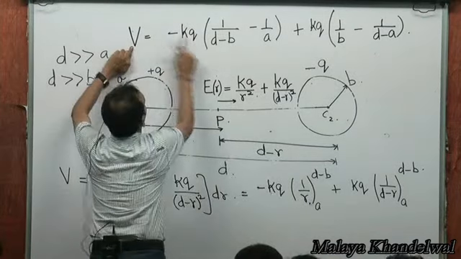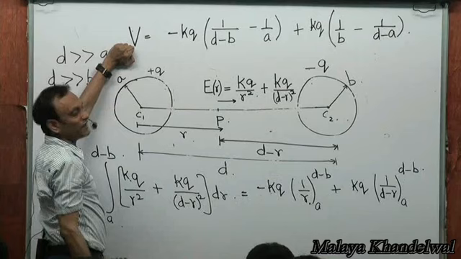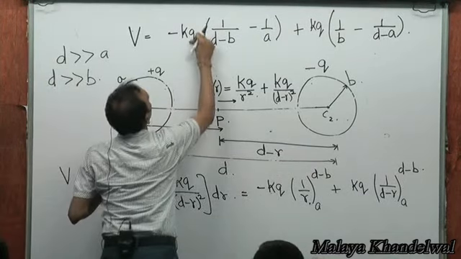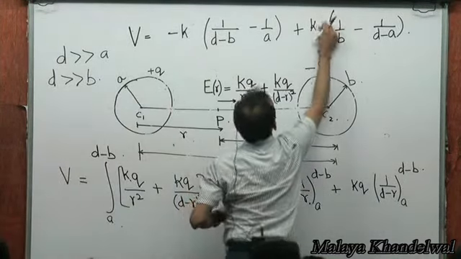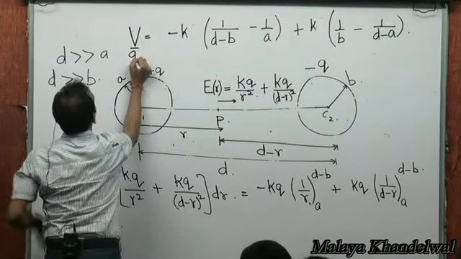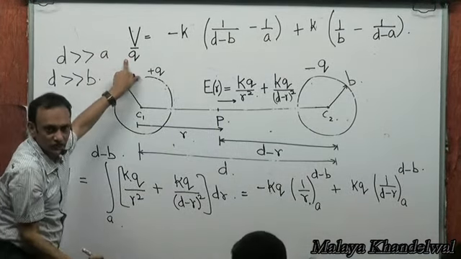Now, V by Q would be 1 by capacitance. So I bring in this Q right here so that I get 1 by the capacitance of this arrangement.